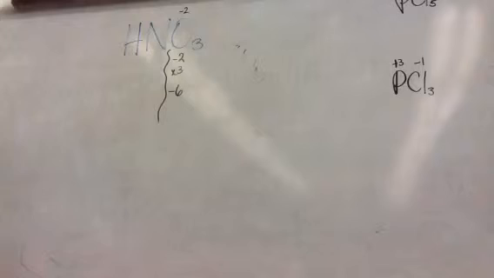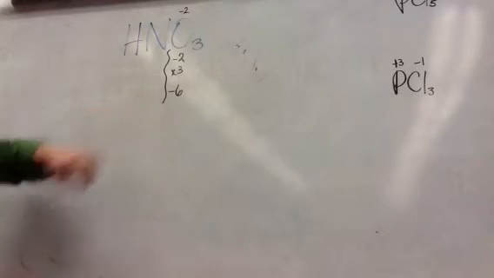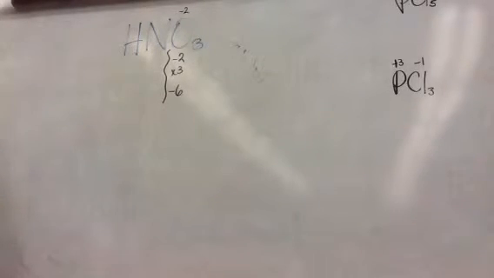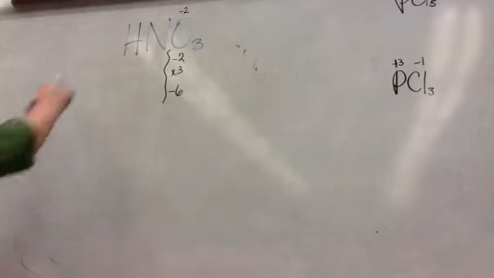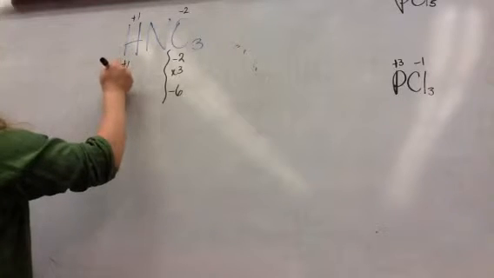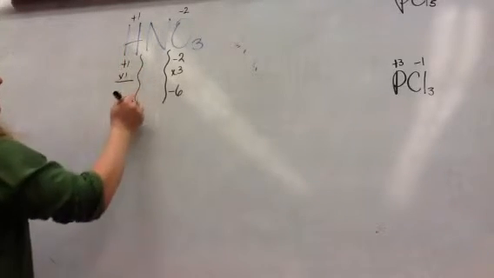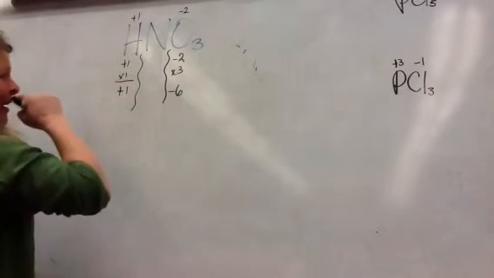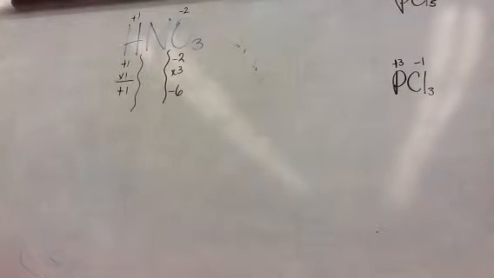Okay. Now, what about hydrogen? Is there a rule for hydrogen? Yes. What's the rule for hydrogen? Okay, so we're going to say +1. We only have 1 hydrogen, so that gives us +1. And the overall algebraic sum has to be 0.